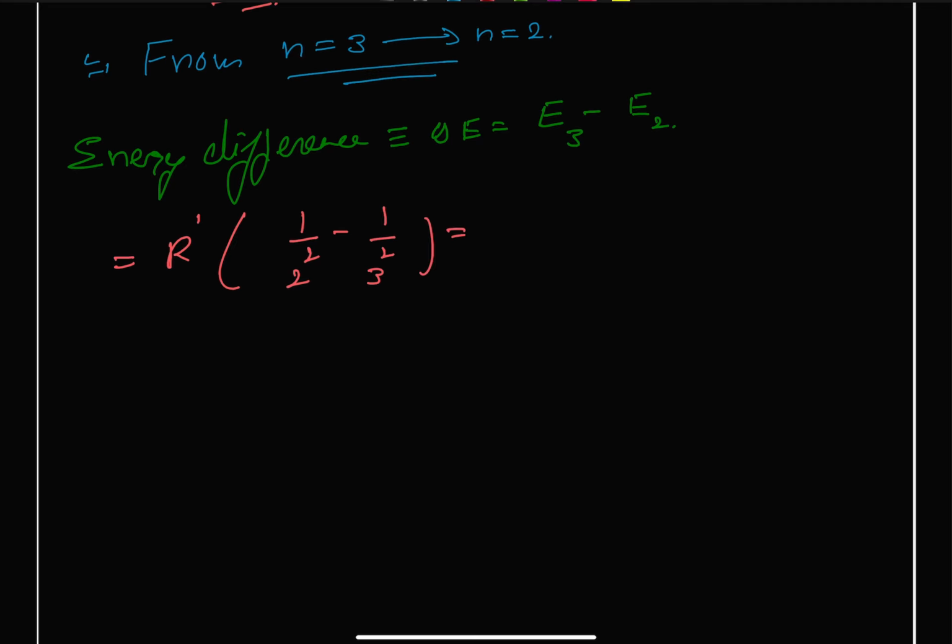We substitute this as our 2R, giving us 1 upon 4 minus 1 upon 9, and this gives us 5R upon 18.